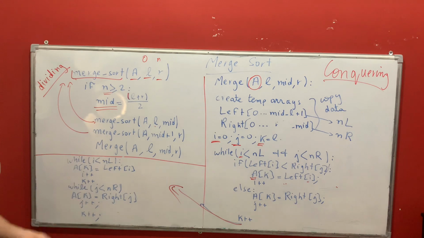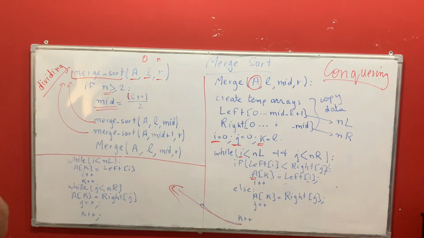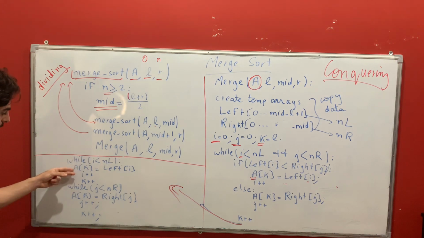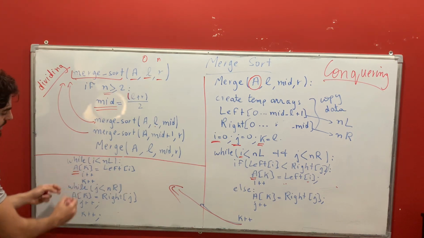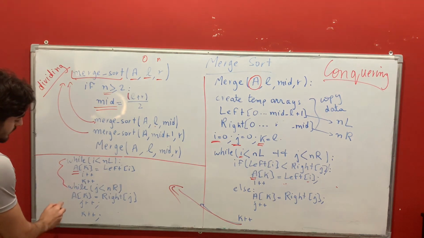While the index is less than nl, which is the length of the left subarray, we just copy the elements into the array at k. The same goes for the right subarray. A note to see here is that at each call, one of these two will be called.